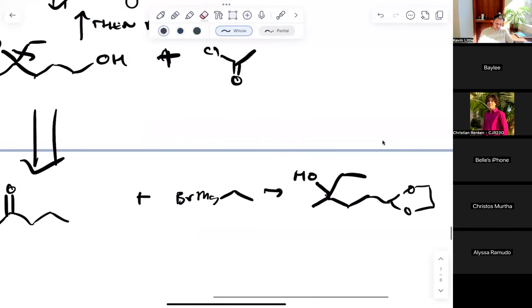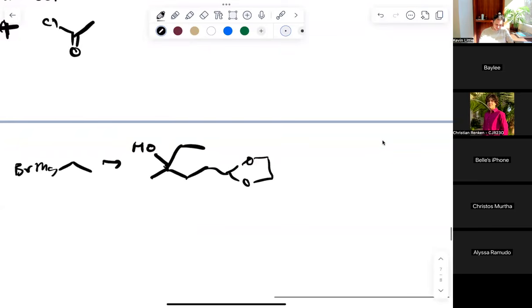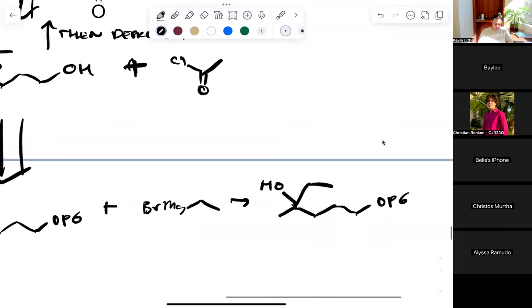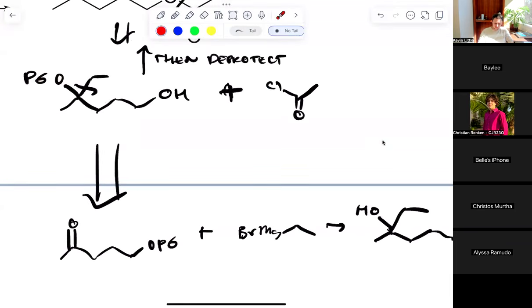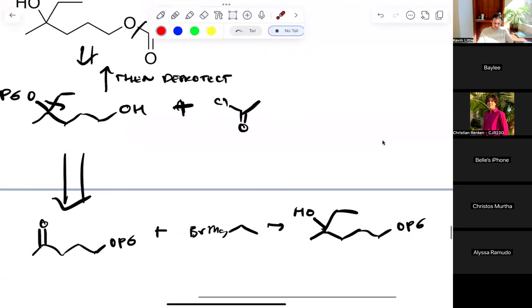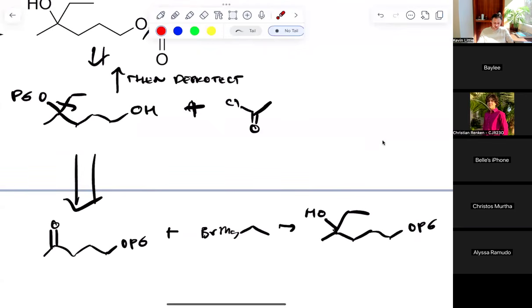Okay, the reason why that doesn't work super well is that we need to also protect this alcohol, which means how are you going to unprotect this and then protect only this? It's a lot. It would be hard. If you deprotected and then reprotected, how do you specifically only protect one of the alcohols?